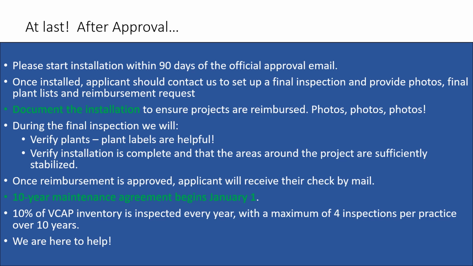We will need to see photos and final plant lists and invoices and a reimbursement request from them. Please document the installation to ensure that the projects are installed the way that the application describes. That way, that makes for a smooth reimbursement.